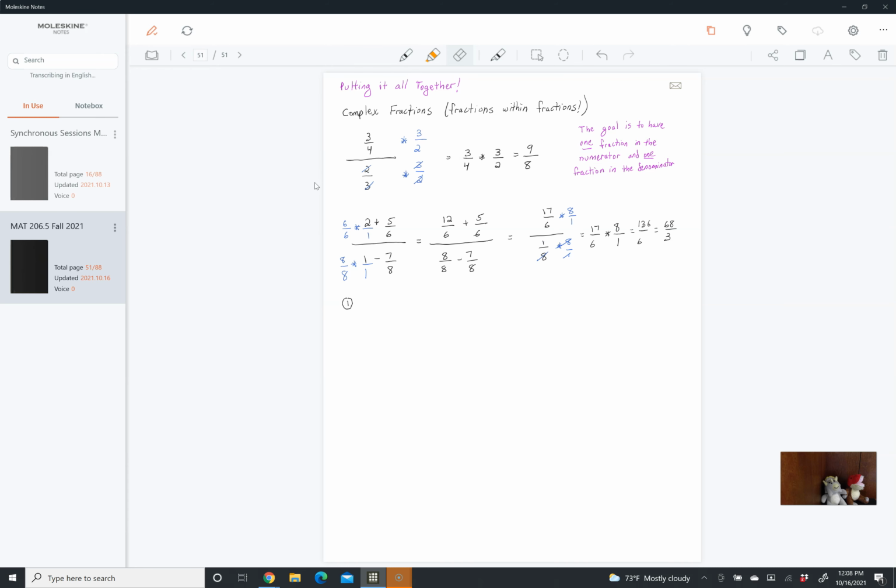First thing that you do is you find a common denominator for the numerator, and find a common denominator for the denominator.